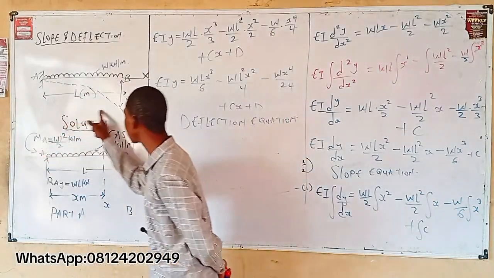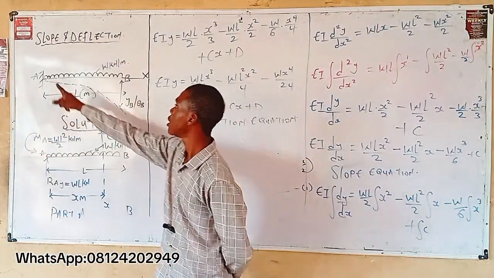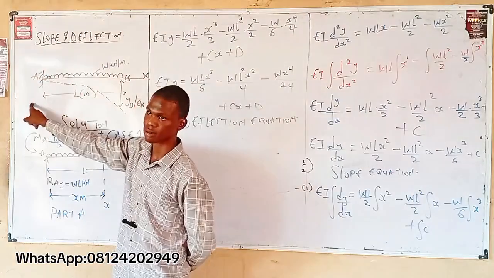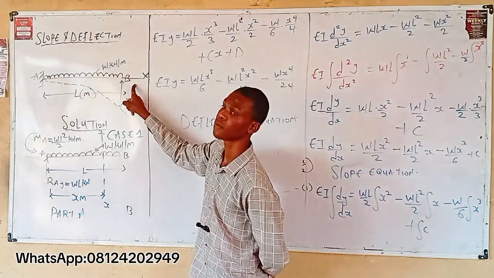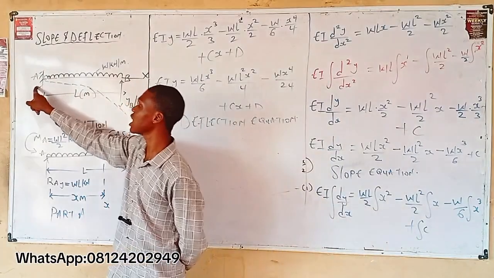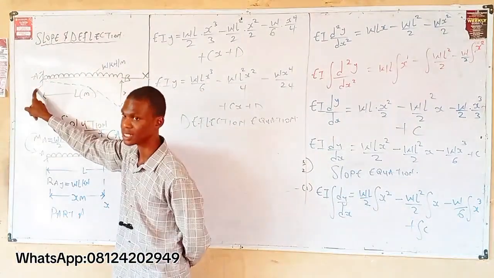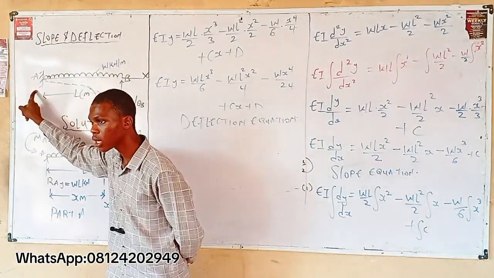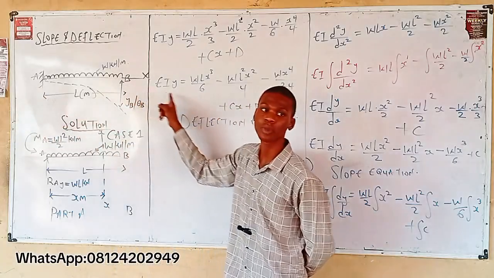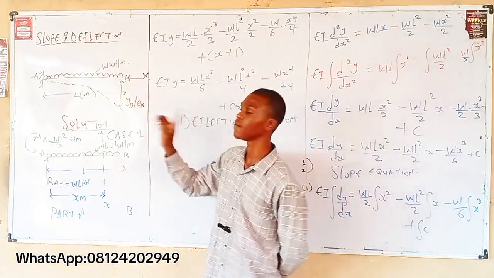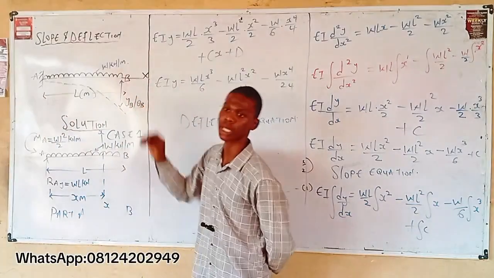From this diagram, we have point A fixed and point B free. For point A, no deflection, neither slope. Are you getting me? For this cantilever beam, you can only get deflection and slope at the free end.